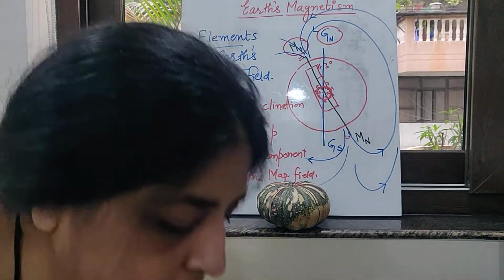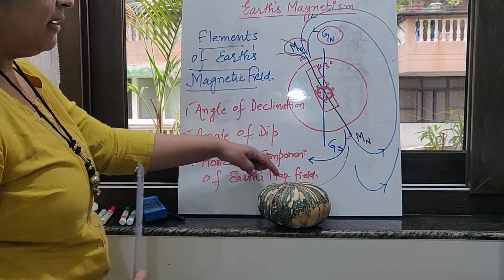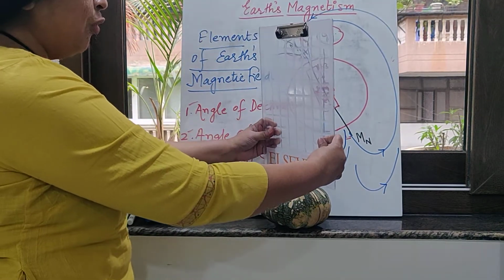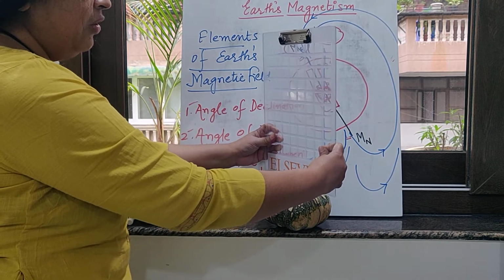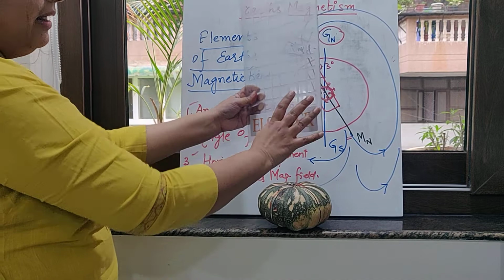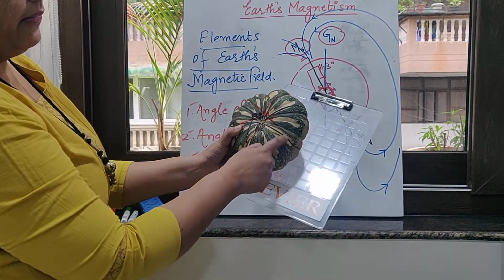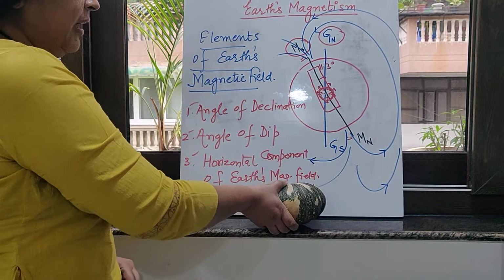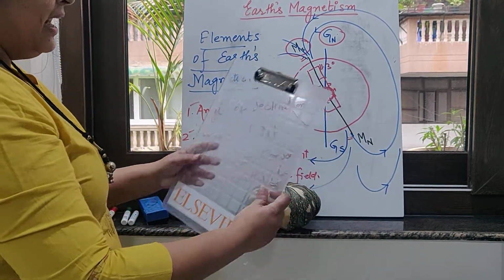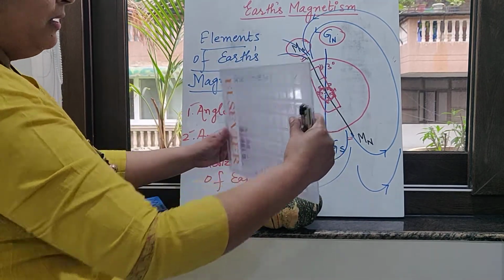So let us say that this is a vertical plane, and this is the line that we have considered, and you just pierce this board into it like this. So this will represent a vertical plane that is passing through this circle, and this vertical plane will contain the geographic north-south axis because it is passing through that point.